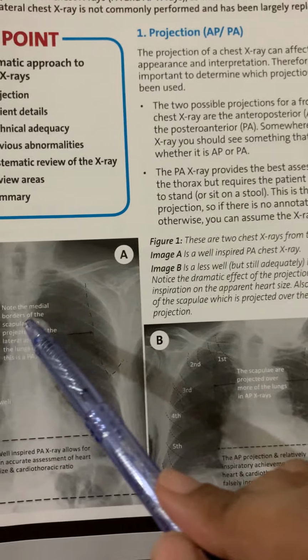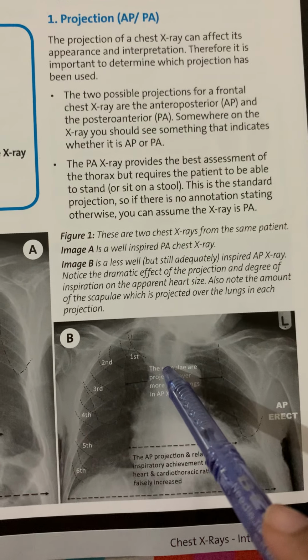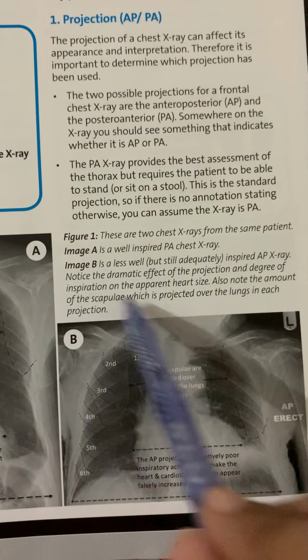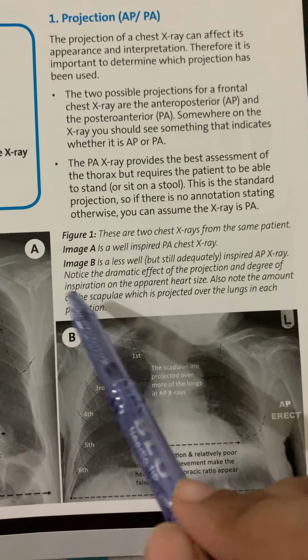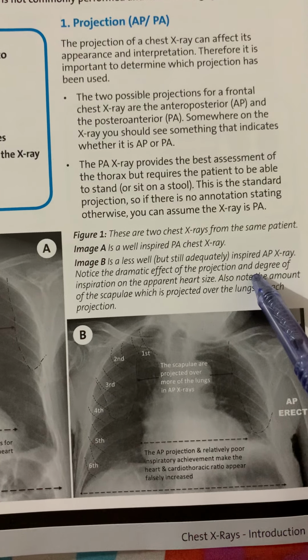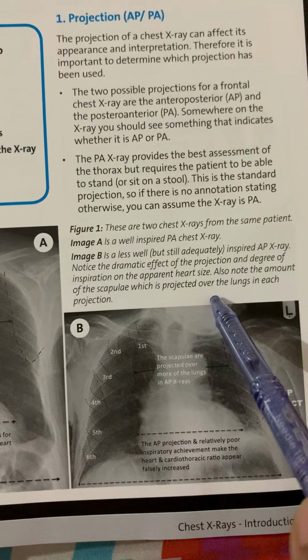Image A is a well-inspired PA chest X-ray and image B is a less well but still adequately inspired AP X-ray of the same patient. And notice the dramatic effect of the projection and degree of inspiration on the apparent heart size.